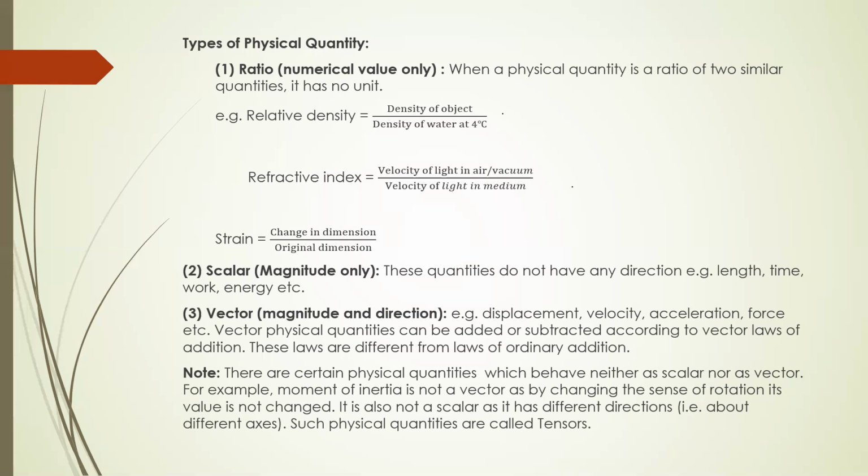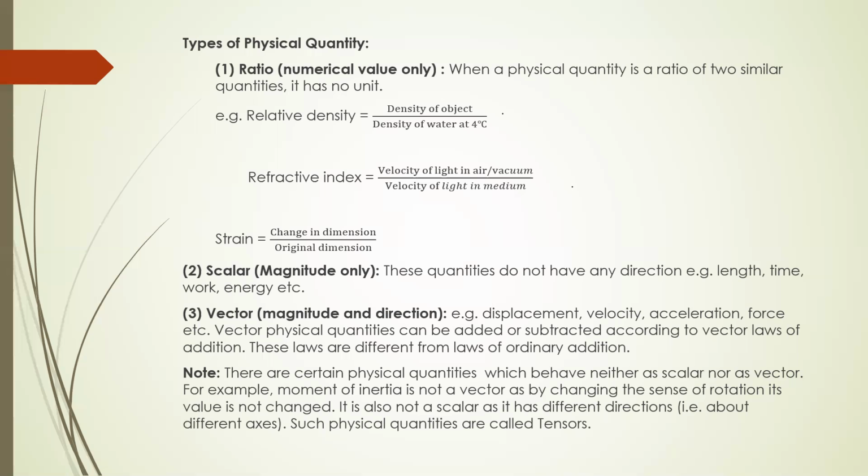Next. After scalar quantity and vector quantity, see here. There is one note: there are certain physical quantities which behave neither as a scalar nor as a vector quantity. Like moment of inertia is not a vector, as by changing the sense of rotation, its value is not changed.